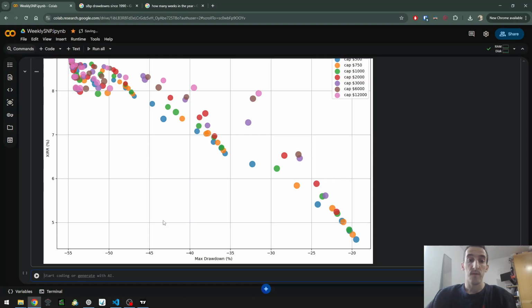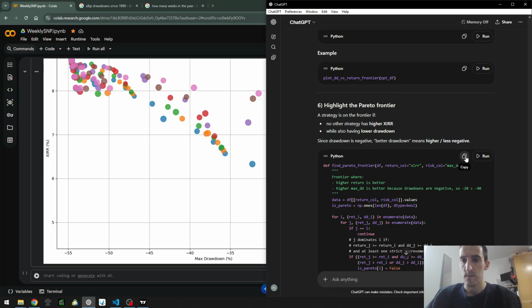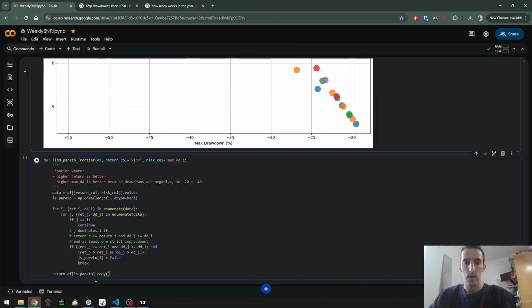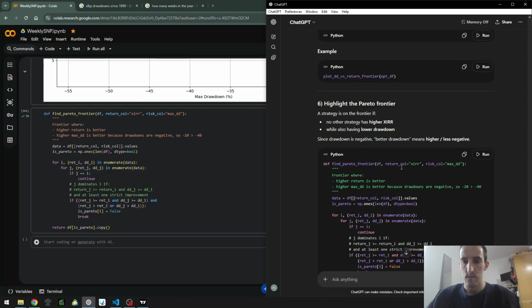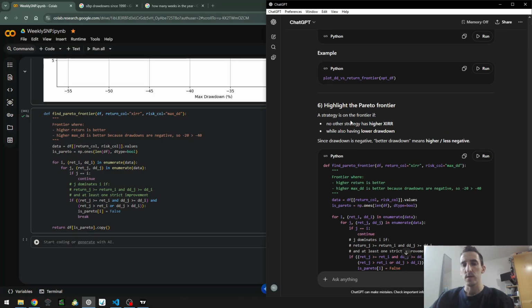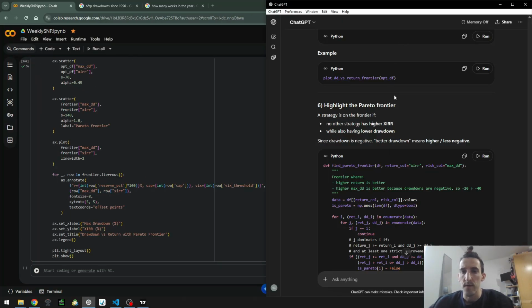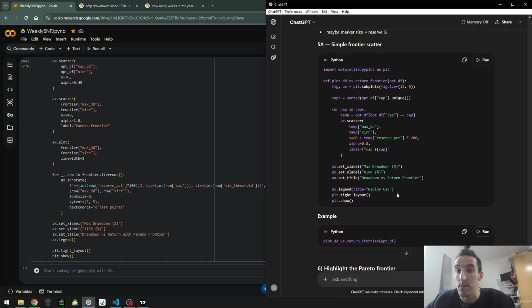The more return you're going for, the more max drawdown you have to be capable to swallow. Highlight the Pareto Frontier. Plot the frontier cleanly. A strategy is on the frontier if no other strategy has higher XIRR while also having lower drawdown. Since drawdown is negative, better drawdown means higher, less negative. Wow.